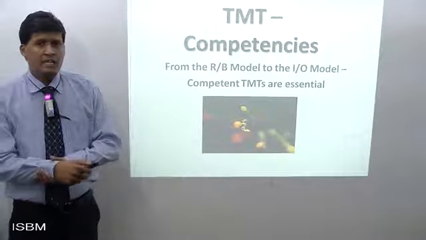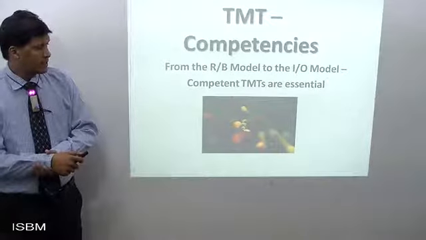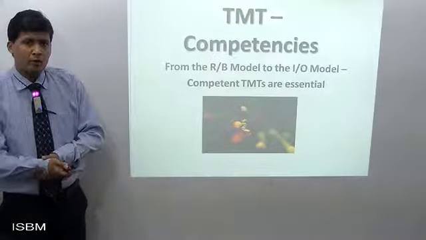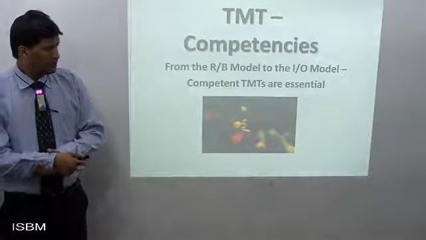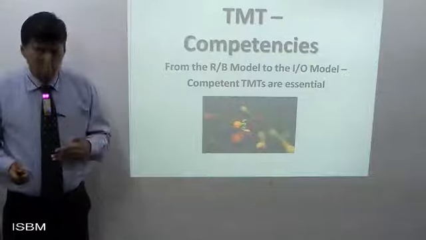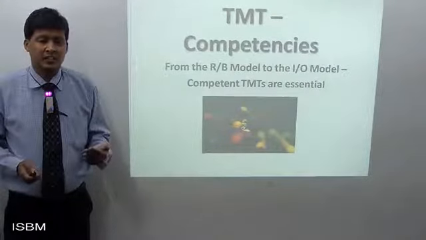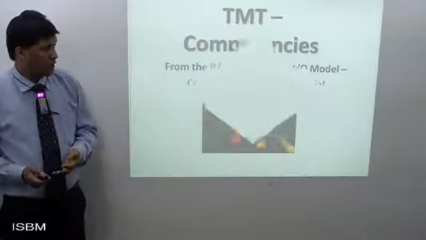Now, when you are looking at TMT's competencies, or top managing team's competencies, from the RB model to the IO model, the competent TMT. So we are looking into what are certain competencies which are essential to become a successful organization.